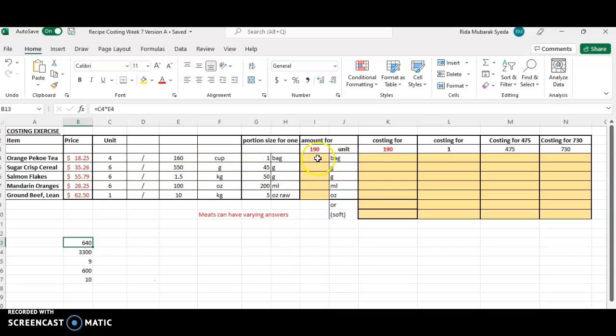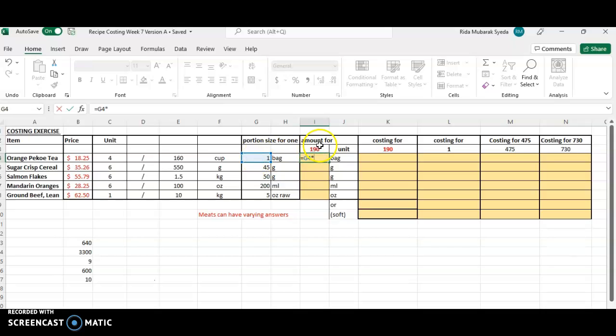Next we need to find the amount of ingredients needed for this number of people. So we multiply the portion size for each ingredient by the number of people to get the amount needed.